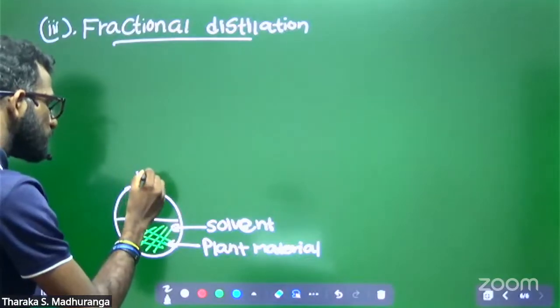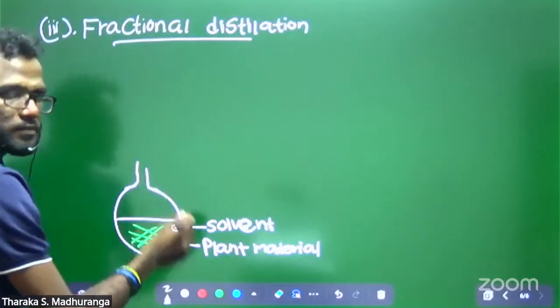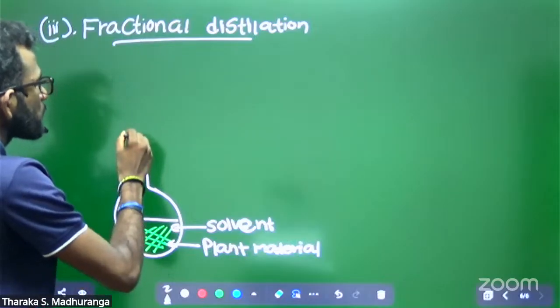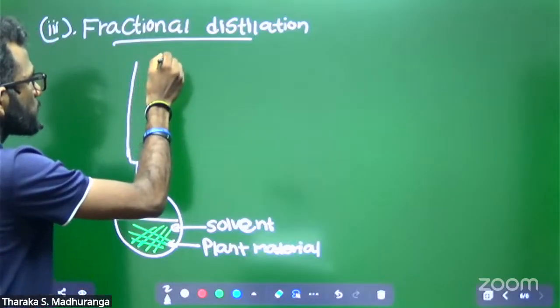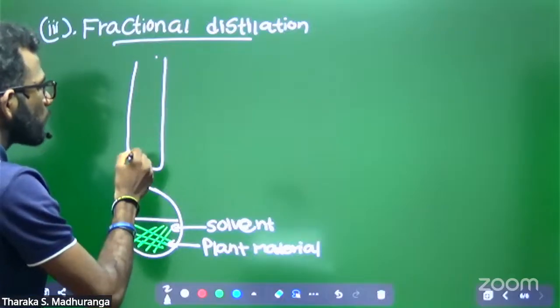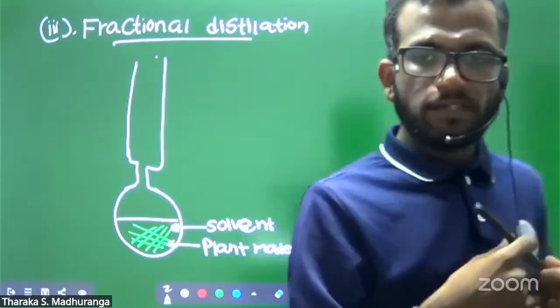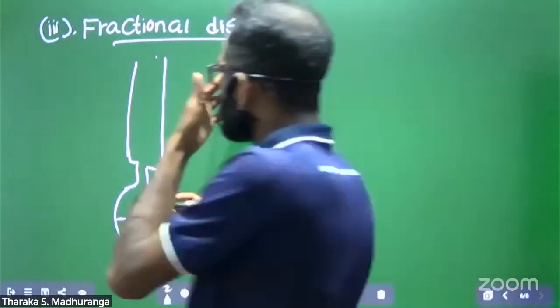And there is a special column here. The purpose of this column is to separate the compounds. According to the density, we can separate the compounds.